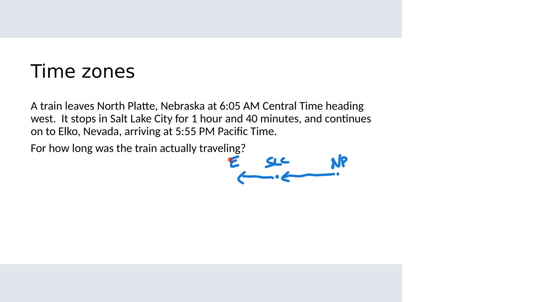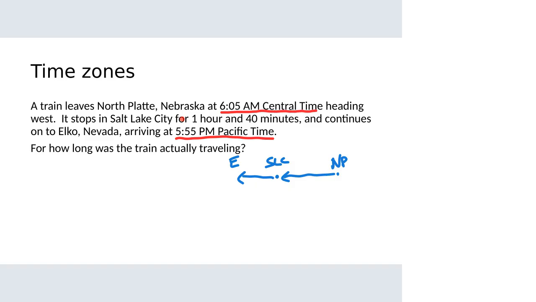One key hiccup here is it left Nebraska at 6:05 a.m. Central Time, and then it arrives in Elko, Nevada at 5:55 Pacific Time. So we're not working with the same time zone, so we can't just look at 6:05 to 5:55.